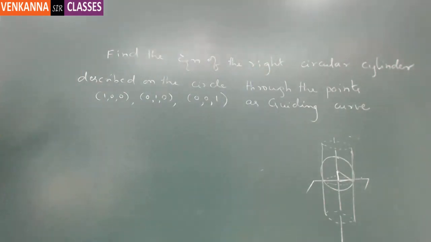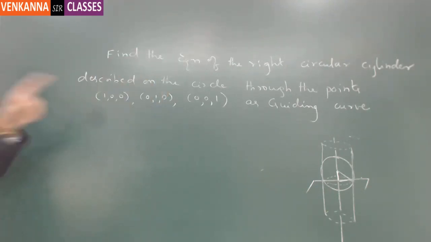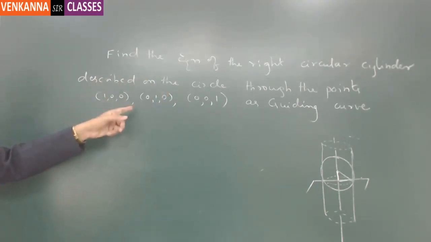Please take a note of this model. The equation of the right circular cylinder described on the circle through the points 1, 0, 0, 0, 1, 0, 0, 0, 1. The circle is nothing but the guiding curve. Okay.